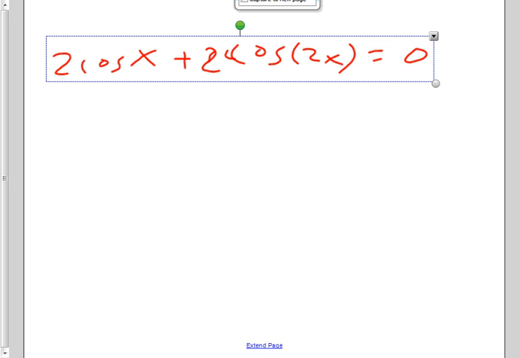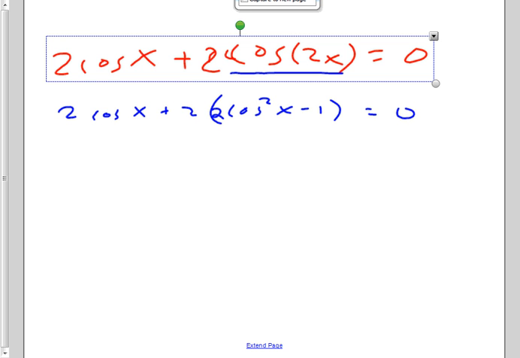And what we need to remember is that cos of 2x equals 2 cos squared of x minus 1. So from that, we get 2 cos x plus 4 cos squared x minus 2 equals 0.